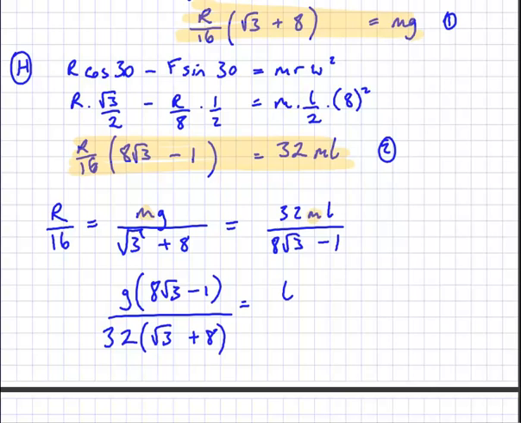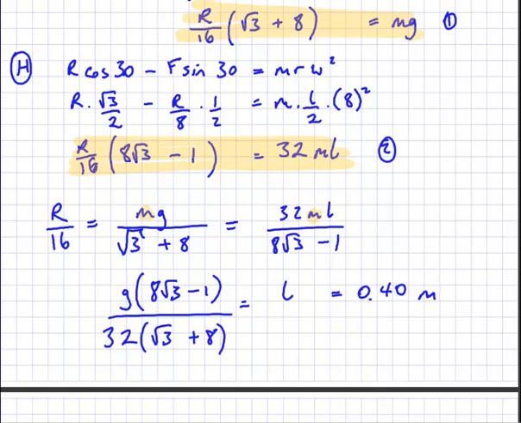If we work that out on a calculator, inserting 9.8 for our value of g, we end up with an answer of 0.4046, something. So 0.40 corrected to 2 decimal places. Okay, so that's in meters.